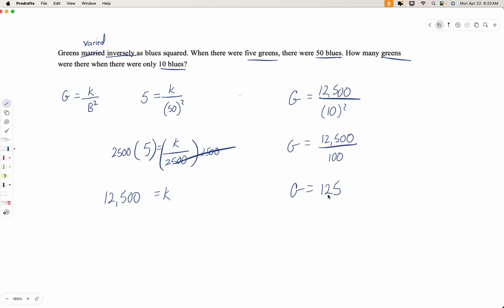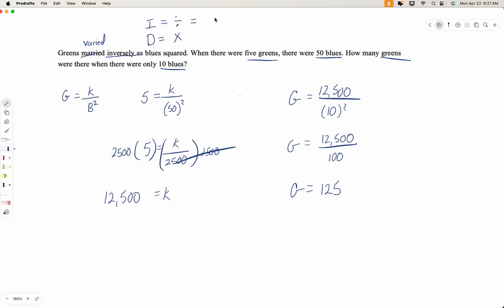So that's how you do those inverse problems. You use division format. If it is inverse, it equals division. If it is direct, it equals multiplication.